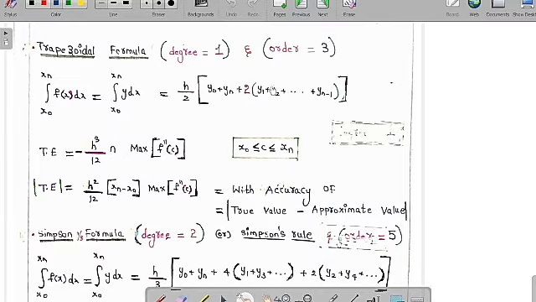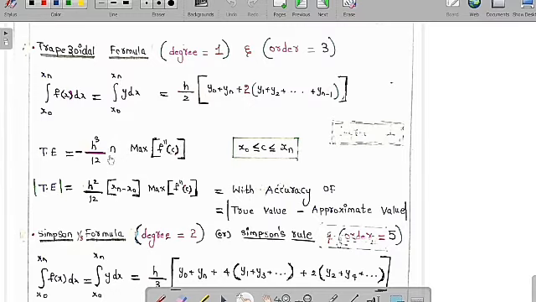Just do the summation. Now let me tell you about the truncation error. T, the truncation error, is equal to minus h cube by 12 into n into the maximum of the f double derivative of c, where c lies between x0 and xn. It's a very important formula in the trapezoidal rule.